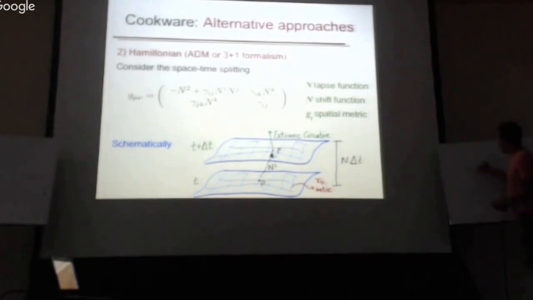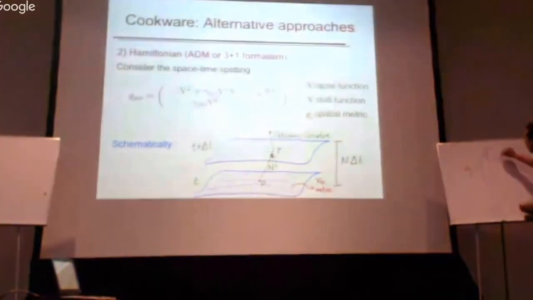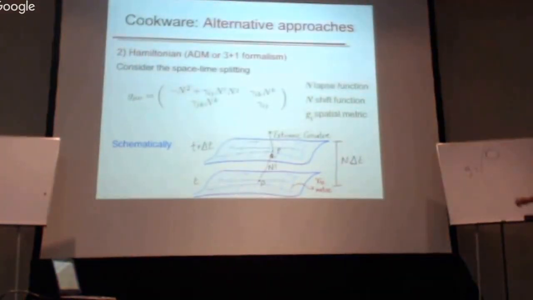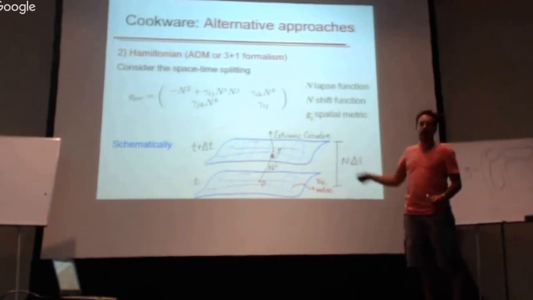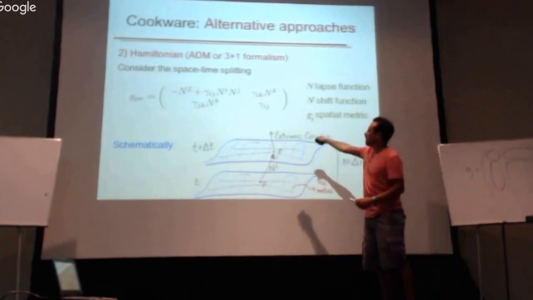So what I'm doing is I take the metric and I'm splitting it into the 0, 0 component, the 0i components, and then the ij component. This first part is just that N squared function times this part.